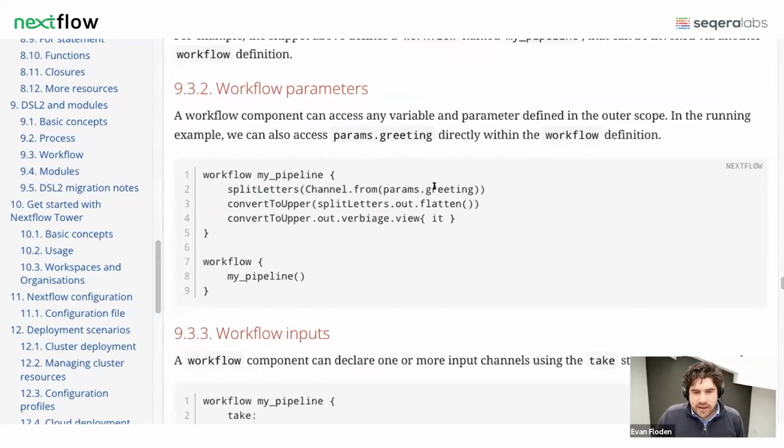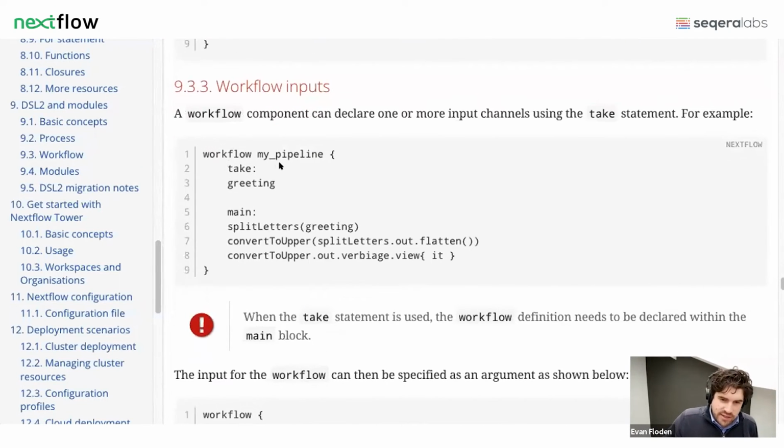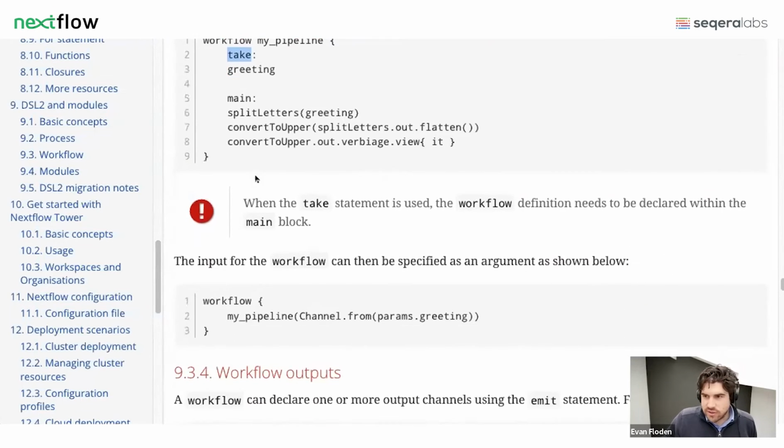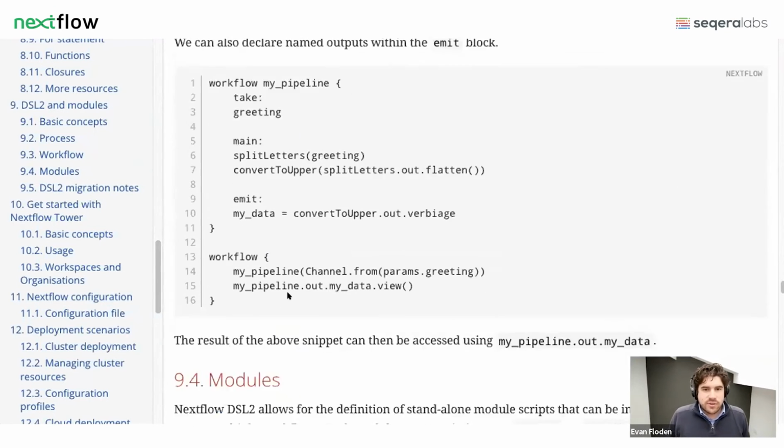And if you want to specify the inputs or outputs of these workflows, you can say take, and you can also use emit here. And this is really the output of that as well. That's really the main parts of the core changes to the DSL itself.